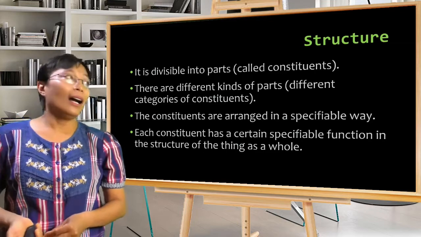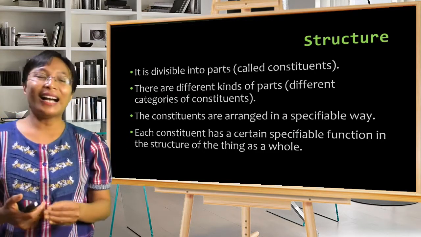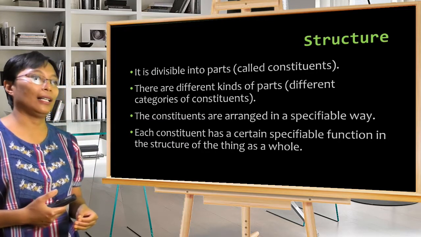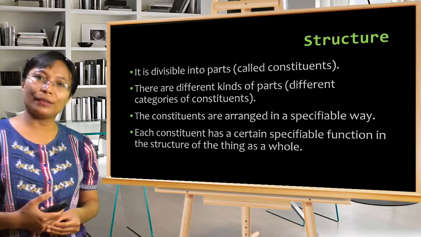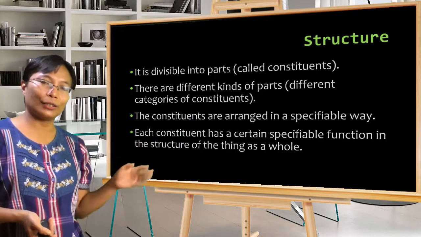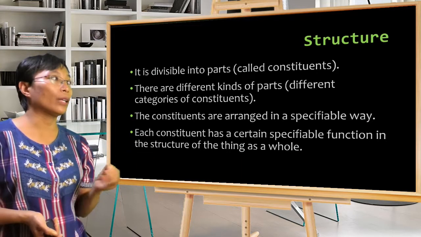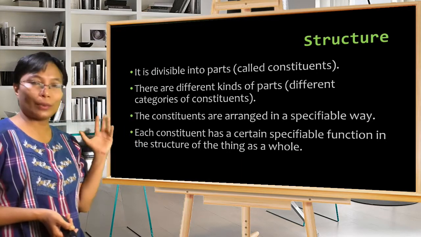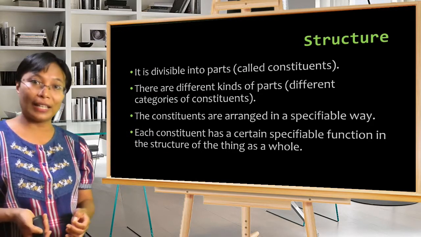Next, we have different categories of constituents, and it is related to the previous explanation about the name of the phrase. So when we are talking about the structure of sentences, then we can divide the constituents of the phrase, right?